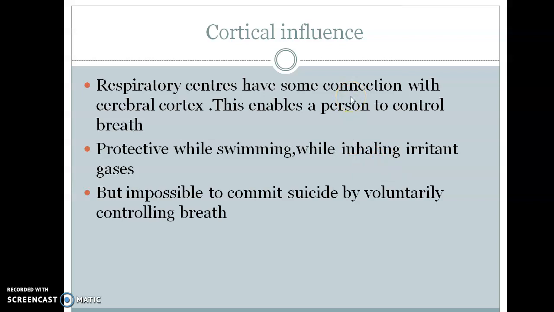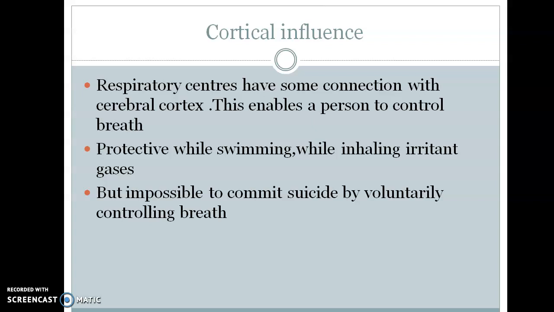The cortical influence on our respiratory centers has some connection with the cerebral cortex. So this helps the person to control their breath. This is very protective in function because while swimming, when we go into water, we can hold our breath, or if an irritant substance or an irritating smell comes, we can stop breathing for some time. But this ability to stop breathing is limited by the building up of carbon dioxide in the blood.